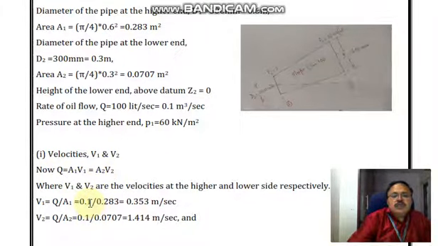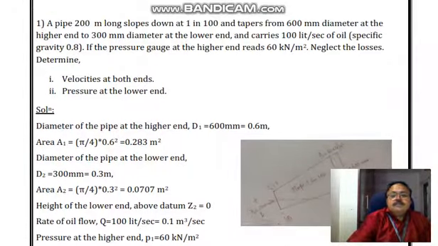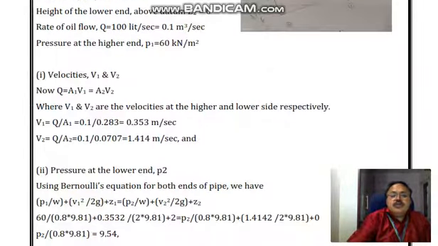Now we know the discharge. It is given that it is 100 liters per second, so that we are going to substitute here. So Q and A1, that is the area of the pipe at section 1, and A2, the area of the pipe at section 2, are calculated.